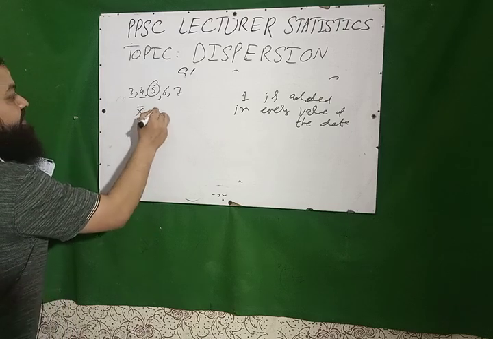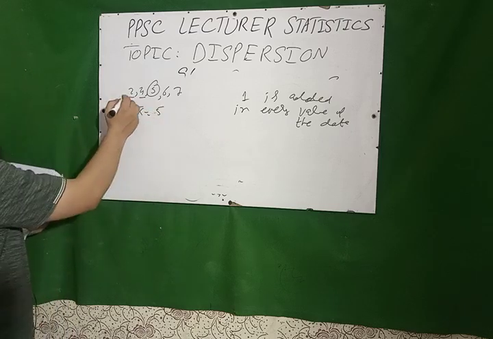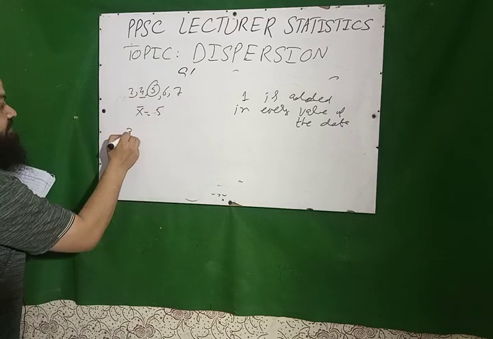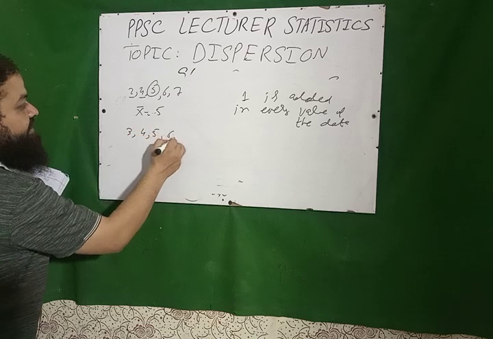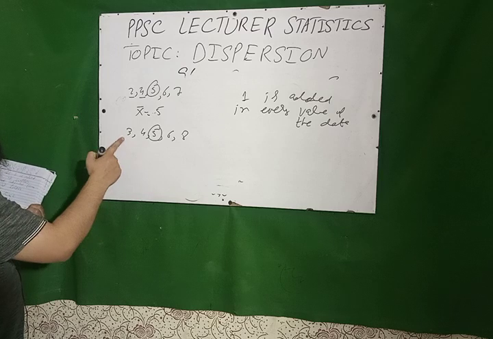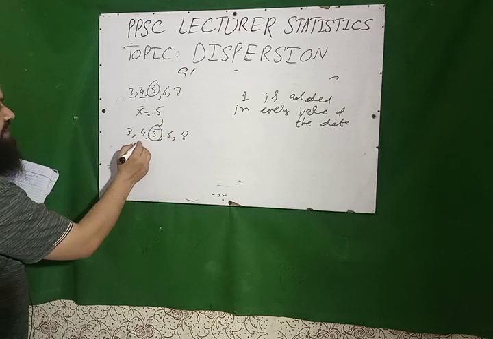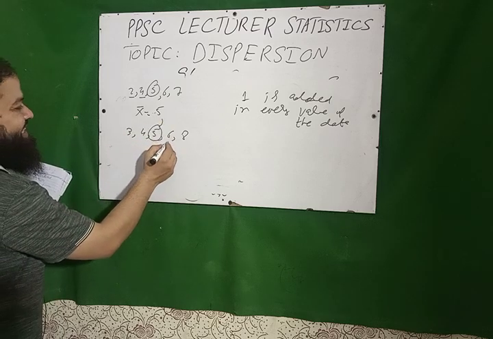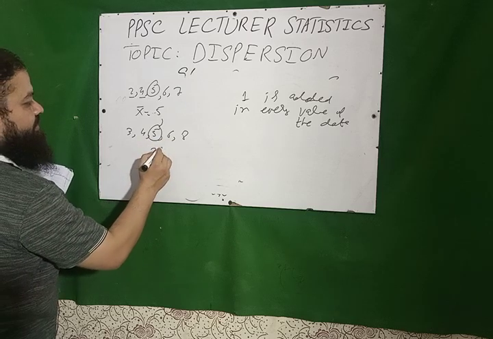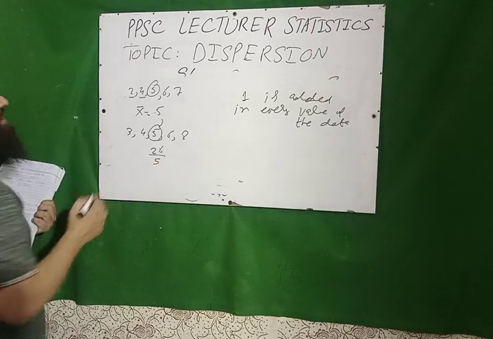Its mean is 5. If we add 1 to the smallest value and subtract 1 from the largest one, that will be 3, the middle values as they are, and 8 at the end. Now the mean will be the same, it will not be changed. You will have to check it.